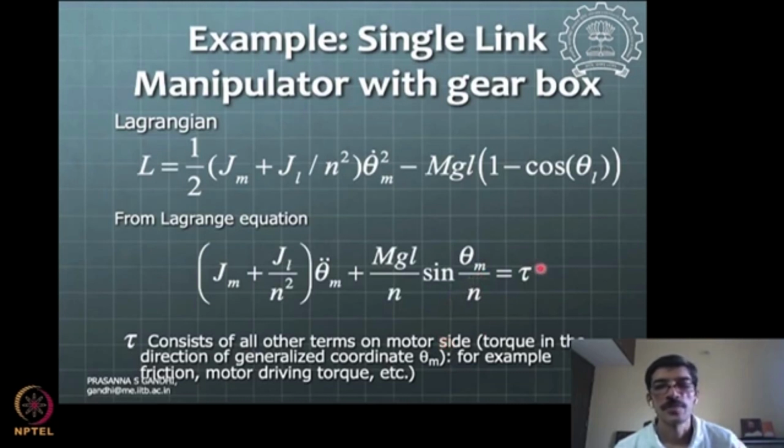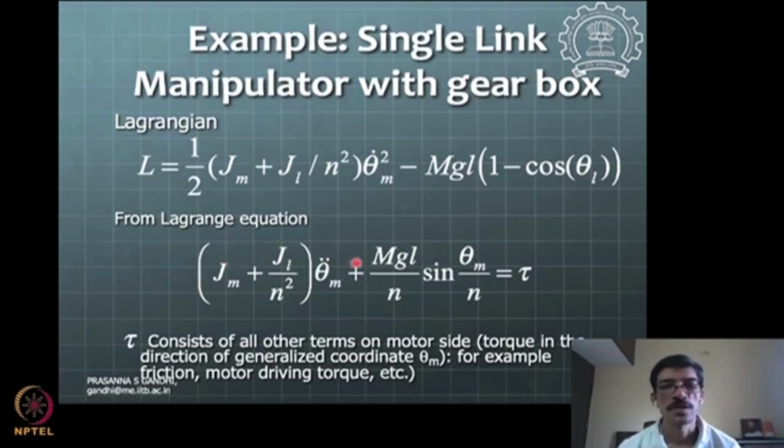Say, for example, if you want to integrate this now with the motor equation, how will you do that? Think about that. There will be friction torques, and there will be other torques coming in. We have already accounted for the motor inertia here; J m is already considered. So this torque can consist of missing torques that are not considered.